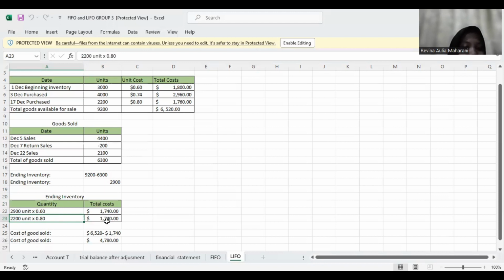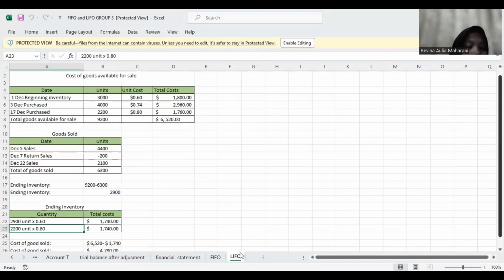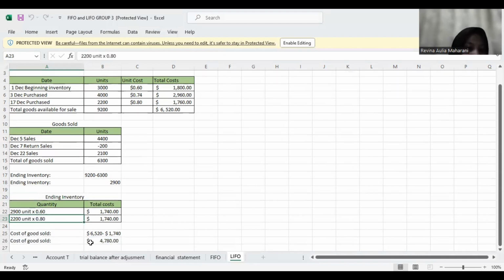So the total cost is 1,740. Cost of goods sold is cost of goods available for sale minus ending inventory. So the total cost of goods sold is 4,780.